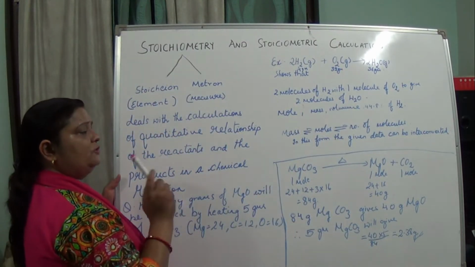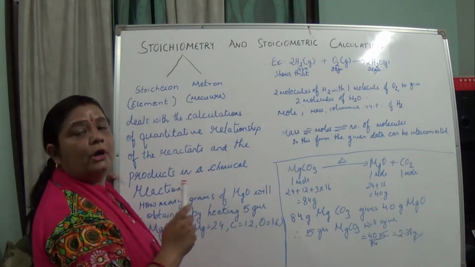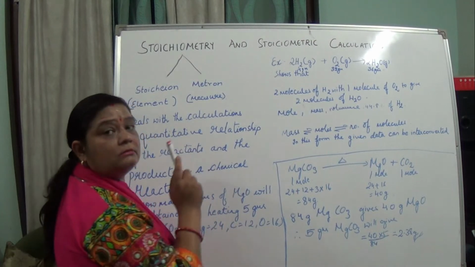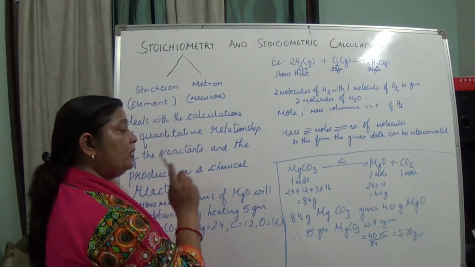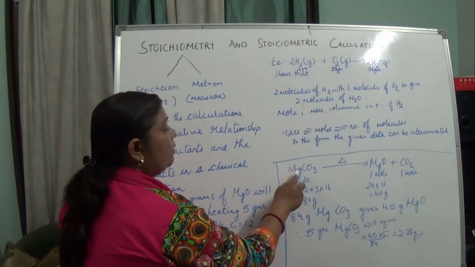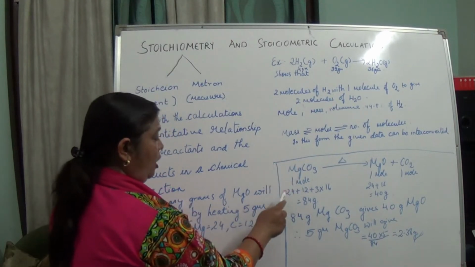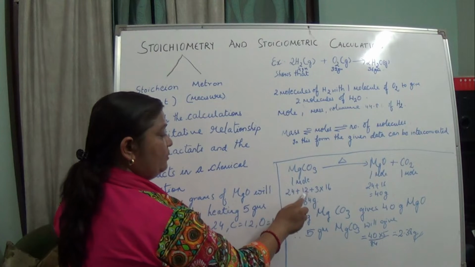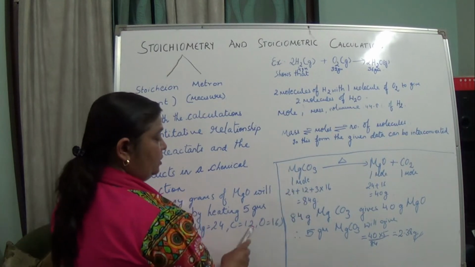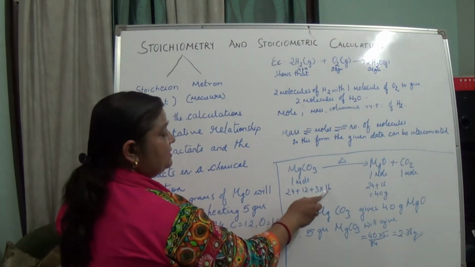Okay, so first of all, what you have to do is take out the molar mass. How do we take the molar mass or the molecular mass? Here magnesium is 24, carbon is 12, and oxygen is given in the question as 16.